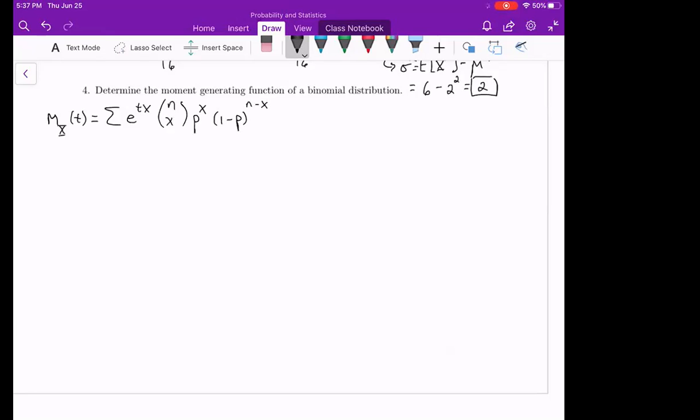So we need to see what we can do in order to try to solve this one, and x, because this is binomial, goes from 0 to n. This is not an infinite sum.